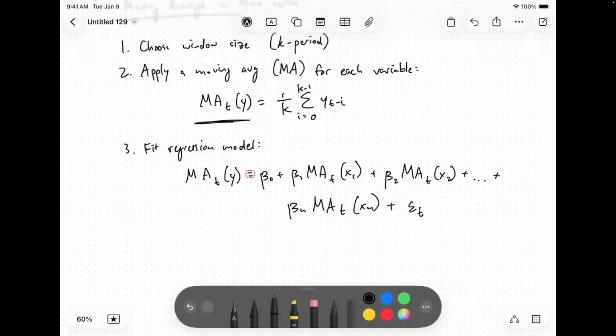That is an example, an easy application of moving averages.